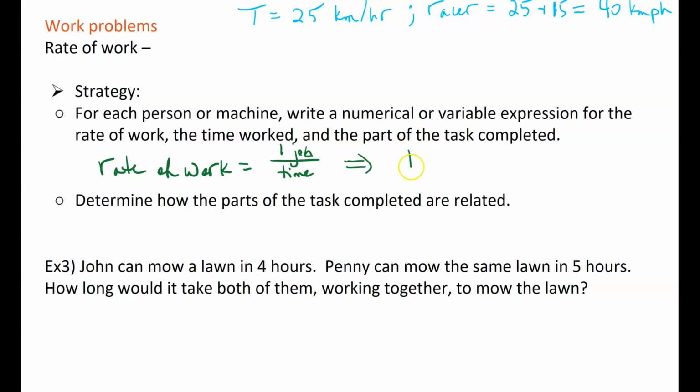Which means that one job would take whatever the rate of work is times the time that it takes to do the job.